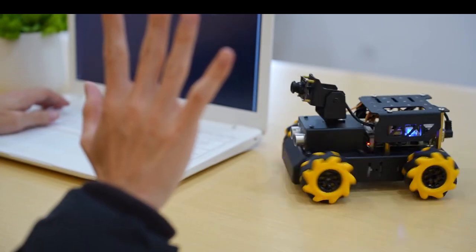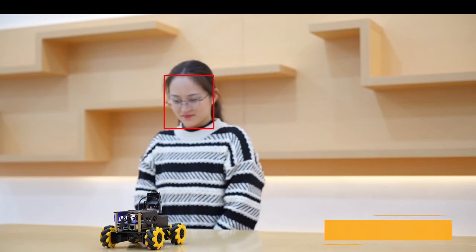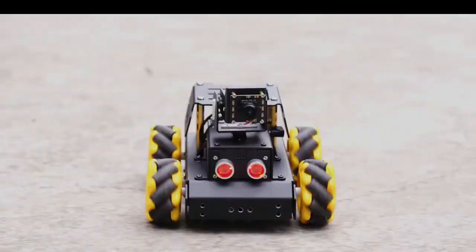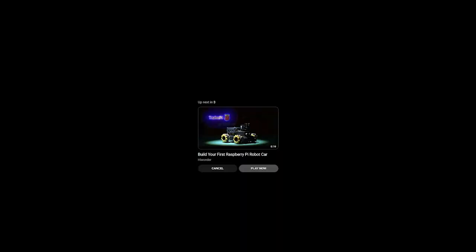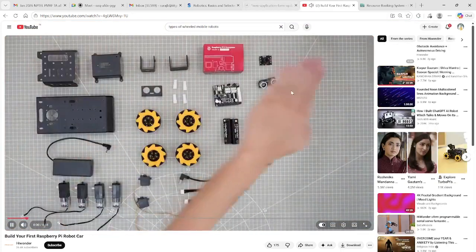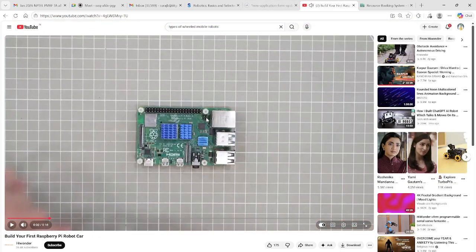Based on hand gesture recognition, it does whatever it is programmed for, following the person. So this is an enabler kit that you can use.